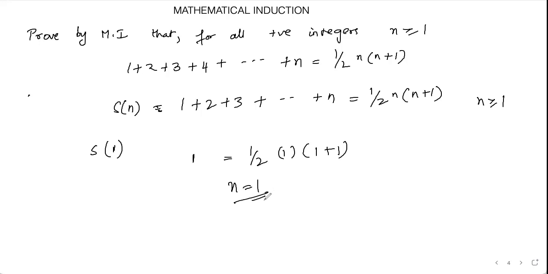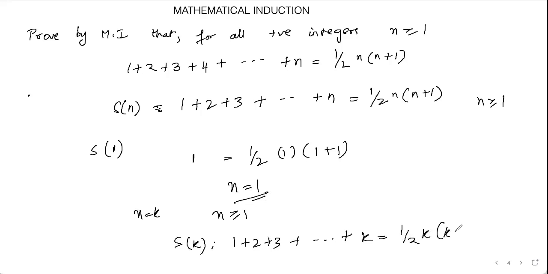And we assume that S of n is true for n equal to k, where k is an integer greater than or equal to 1. So S of k, that is, 1 plus 2 plus 3 plus up to k, is equal to 1 by 2 k into k plus 1.